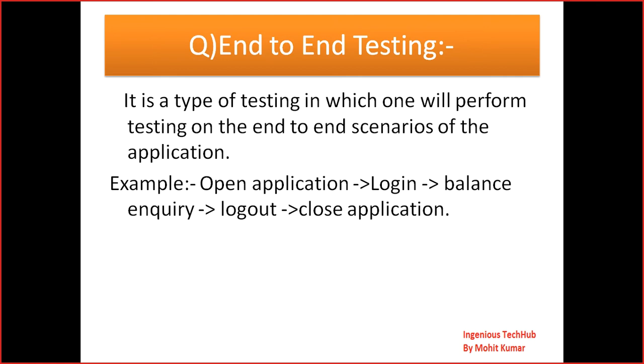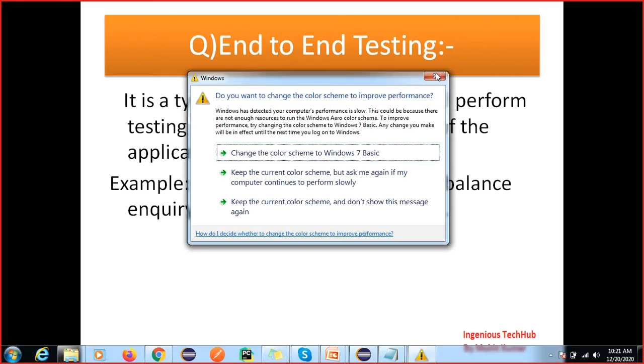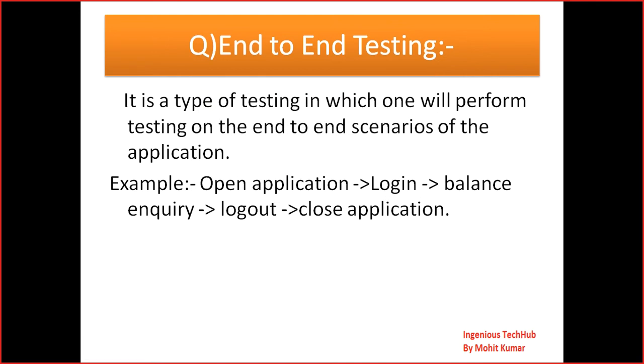Open the application, log in, any site you can take. You can find any end-to-end scenario, like opening the email and sending an email to someone. Or when you are going to reset your password: when you log in to your Gmail, you click on forgot password, then a link will come to your mail.